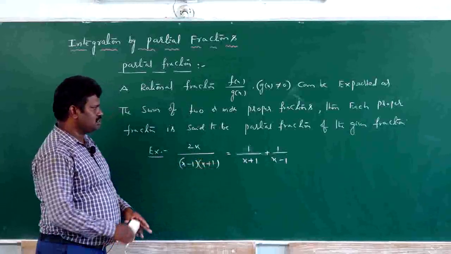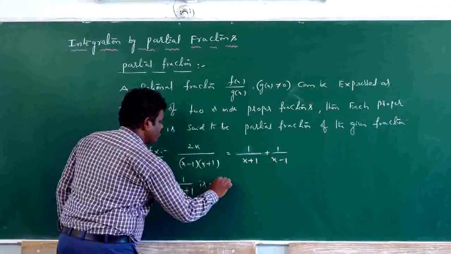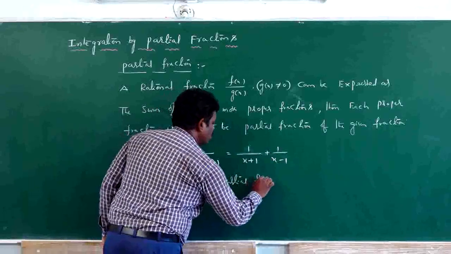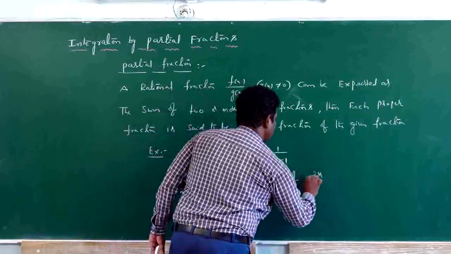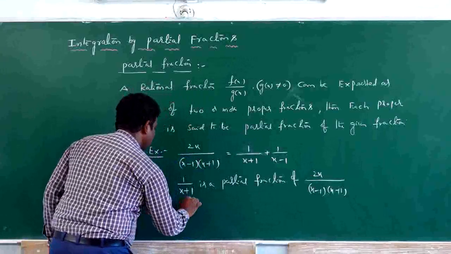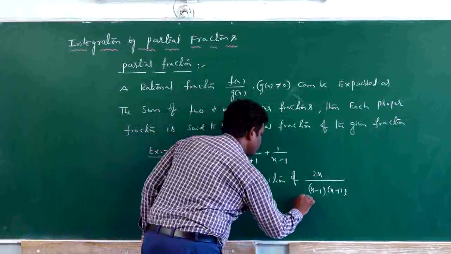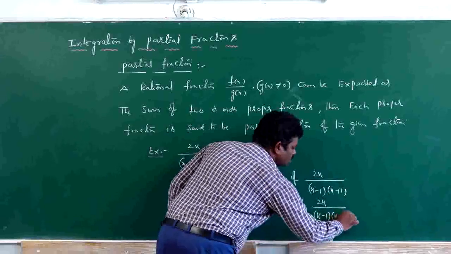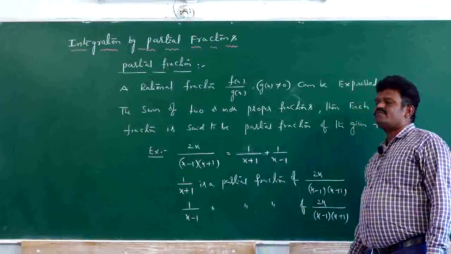Then 1 by x plus 1 is a partial fraction of 2x by x minus 1 into x plus 1, and again 1 by x minus 1 is a partial fraction of 2x by x minus 1 into x plus 1. Okay? So each fraction is said to be a partial fraction of the given fraction.